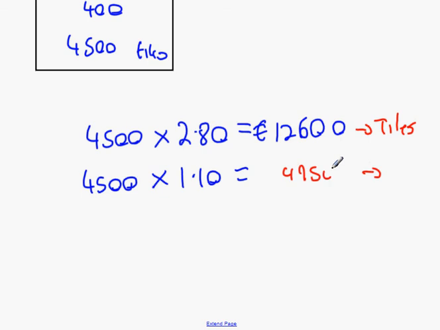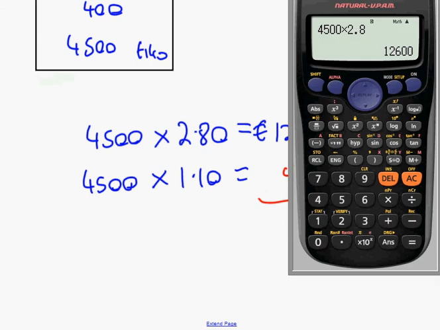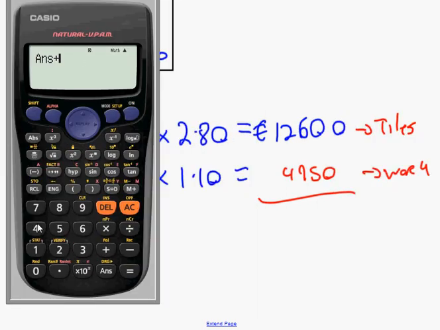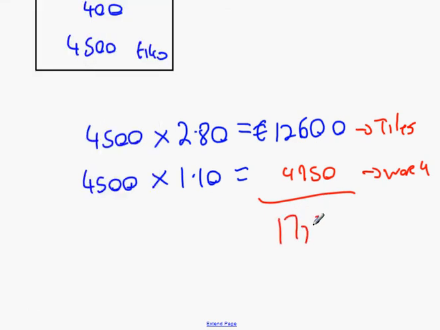And that's for the work, isn't it? So what's our total bill? Add them together. What do you get? €17,550. Anybody get that last night?